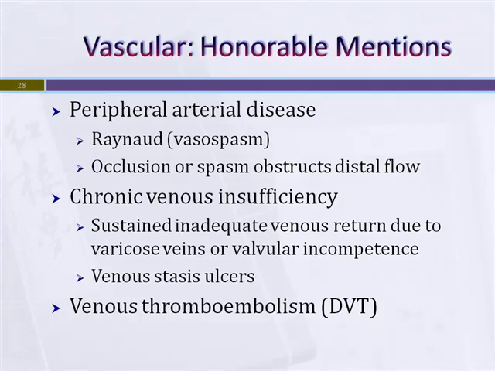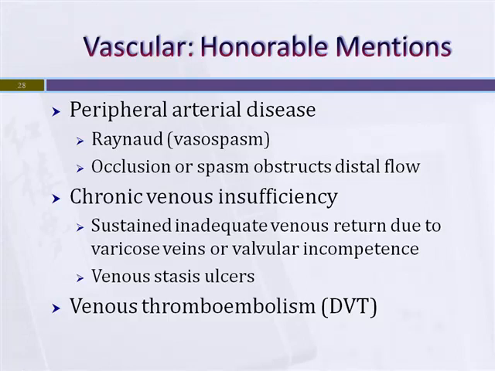Often you see that in people's hands, but it can be in any extremity. You get vasospasm to the extent that people can develop gangrene of the digits because their blood flow is so interrupted by the vasospasm. It's painful and causes discoloration of the extremities.